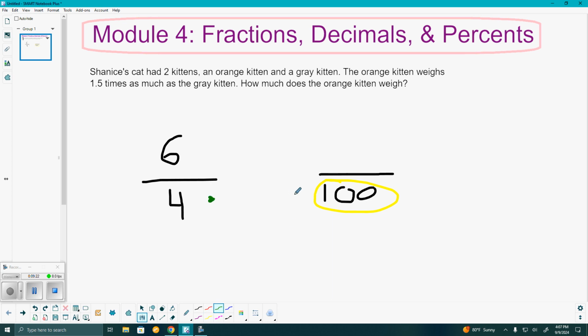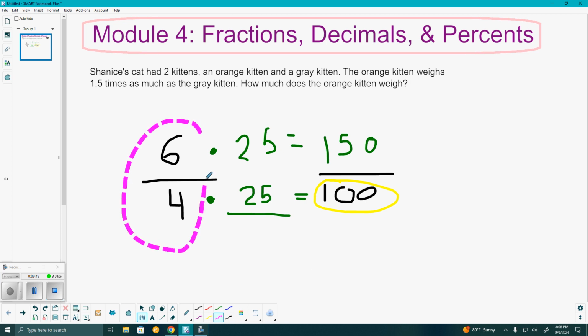So I will have to multiply 4 times something equals 100. 4 times 25 equals 100. So whatever I do to one side, I have to do to the other. So I will do 6 times 25, which equals 150.